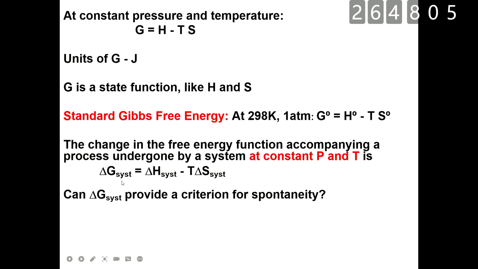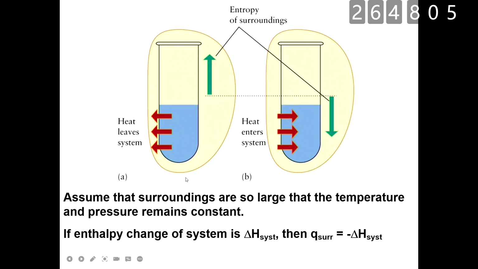Now we can use this energy change of the system to determine spontaneity. So here we show: this is the system, this is the surroundings, and the reaction releases energy. The surroundings get heat, and the surroundings' temperature increases, so its entropy increases.